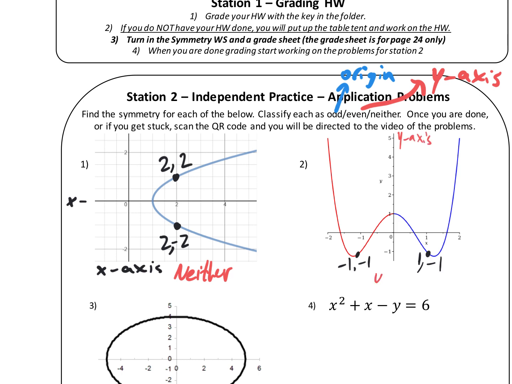Okay, so this has y-axis symmetry, and I would describe this function as being an even function. Okay, remember those two vocab terms just go together: y-axis symmetry and an even function. So y-axis symmetry is the type of symmetry associated with even functions.